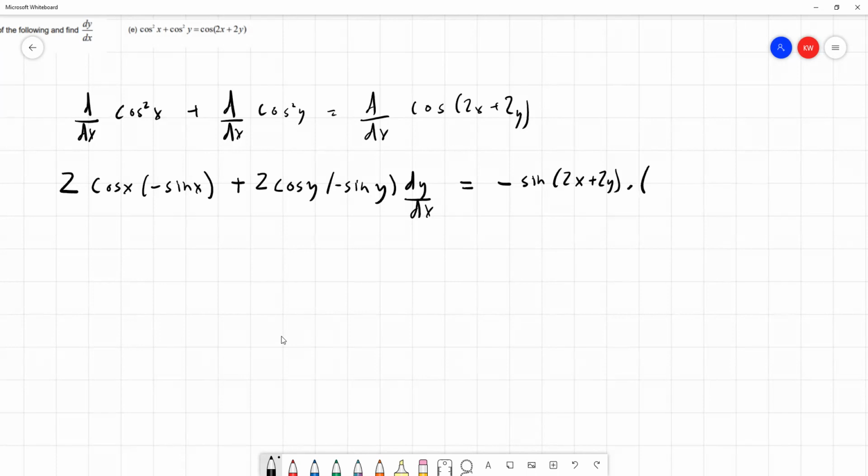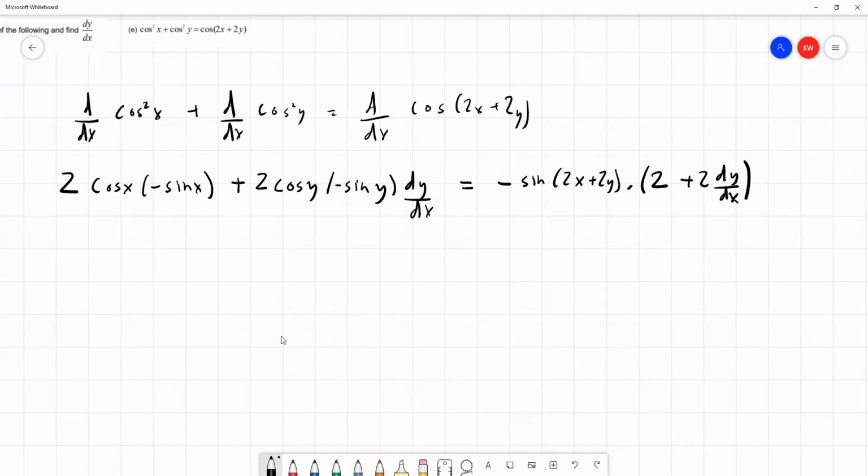The derivative of 2x is 2, and the derivative of 2y is also 2, but with respect to y. So we'll have 2, and again we'll have our dy by dx term here as well, because we've had to take the derivative with respect to y. So we're putting this dy by dx in here to account for that.